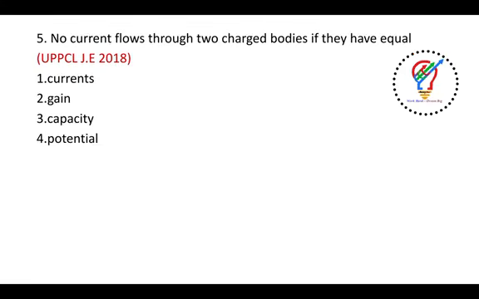Next, no current flows through two charged bodies if they have equal. As we know, current always flows from higher potential to lower potential. The current will not flow if the two charged bodies have the same potential.